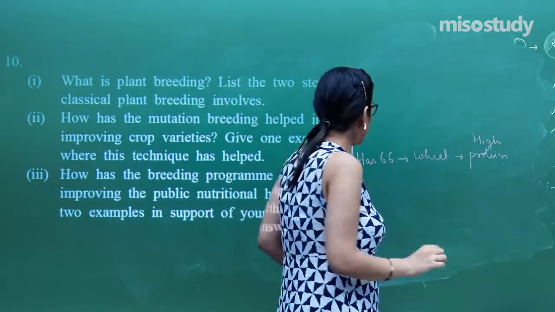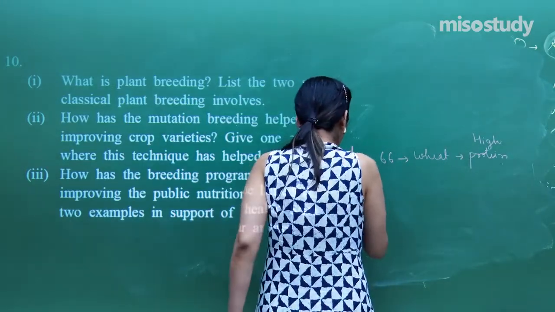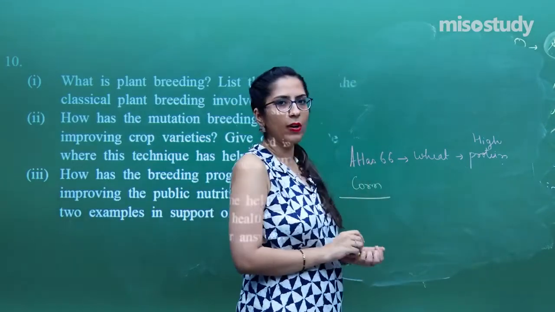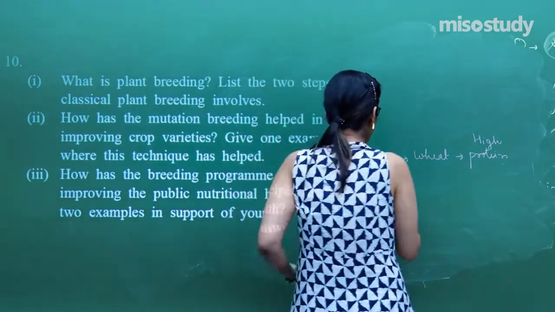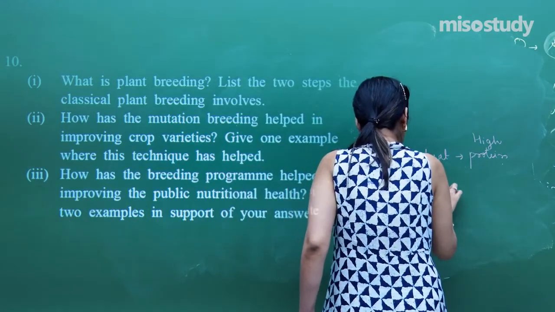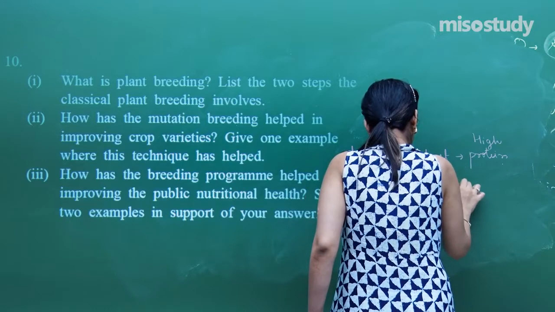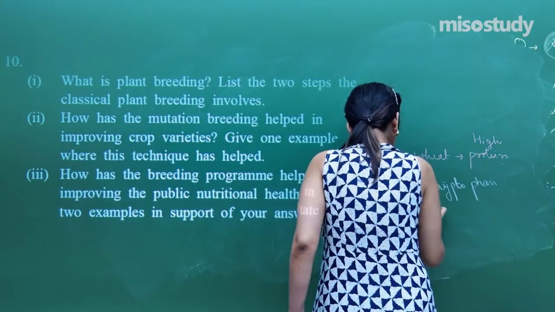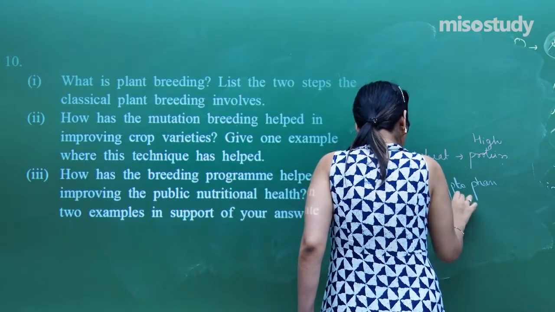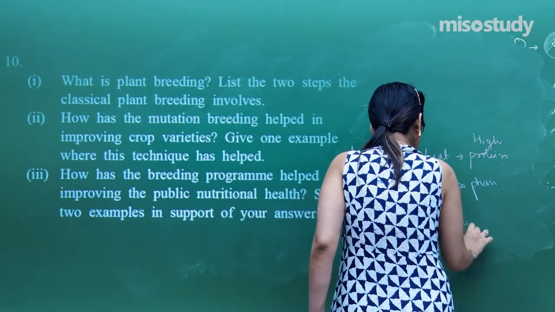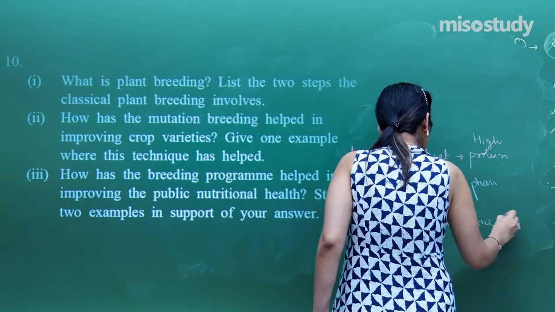Right. Next, we have already discussed in the case of corn. Corn are produced which are a rich source of certain amino acids. They have a high tryptophan content, and also a high lysine content.